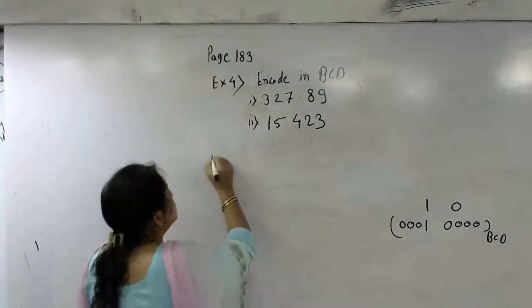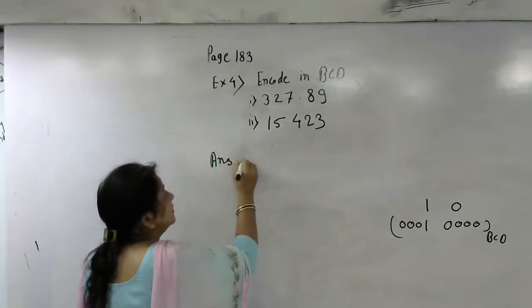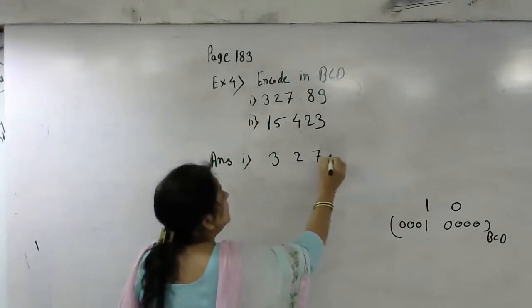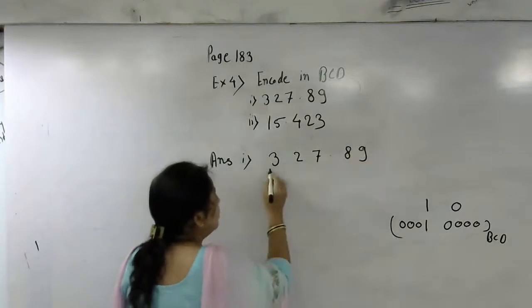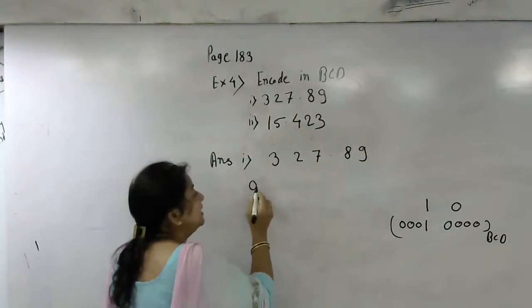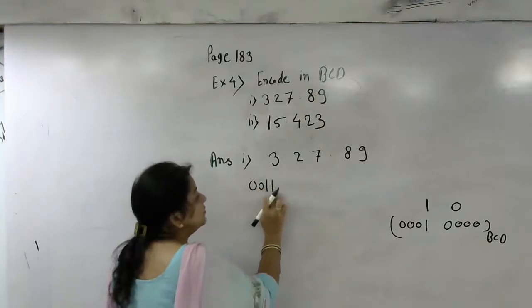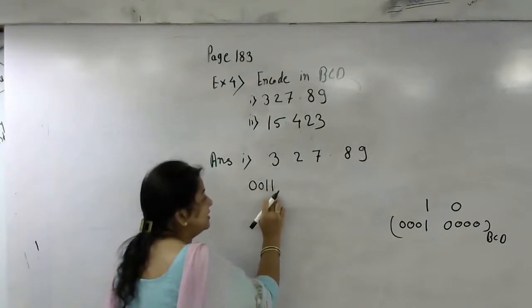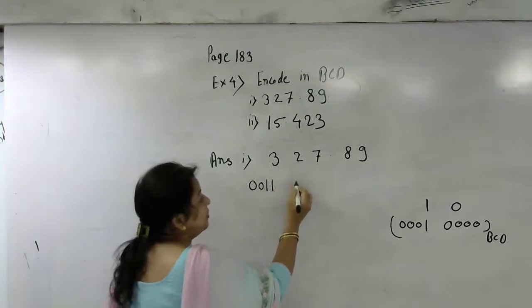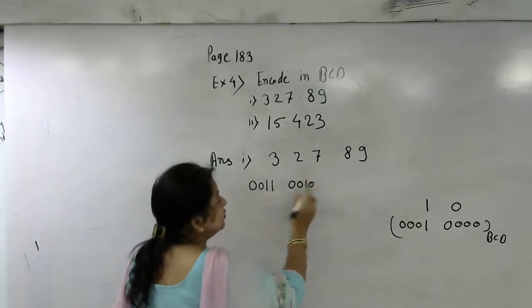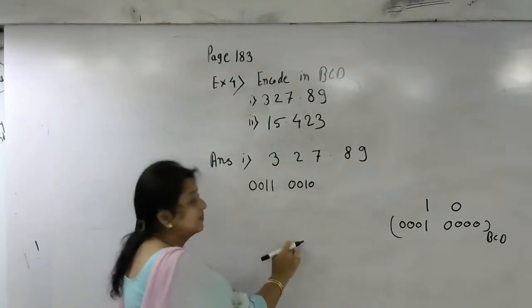So, suppose answer of 327.89. For number 3, how you write 3? In BCD code 0 0 1 1. What about 2? 0 0 1 0. Don't put comma.